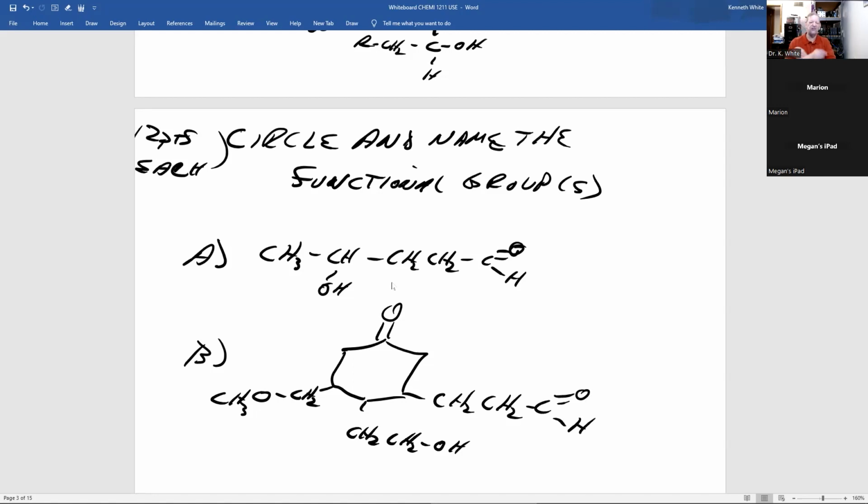And here you go. Here's 2 of them for you to have fun with. This nice smoky, I guess, outside. Someone just told me earlier today, but this nice Tuesday evening. And again, the way you play it is circle and name the functional group, 2 points each. When you're done, give me a thumbs up.